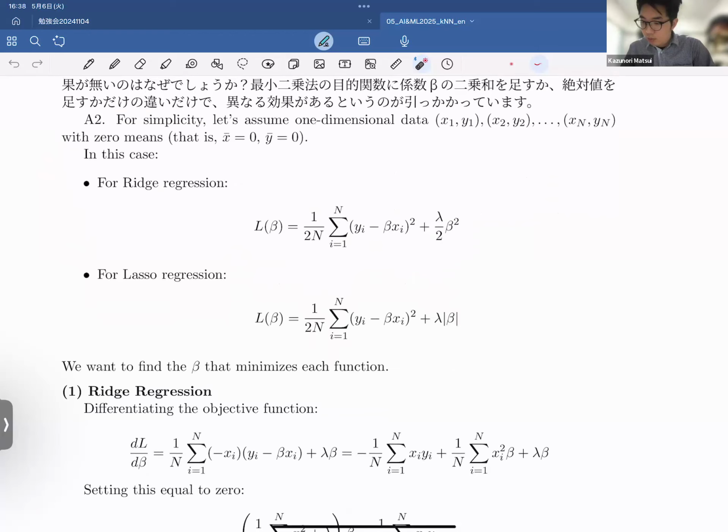Let's first consider a simplified case with one-dimensional data where the mean is zero. In other words, we are looking at the problem of approximating with a line through the origin, where the intercept is zero. For ridge regression, we add the sum of squares of the parameters to the objective function, while for lasso regression, we add the sum of absolute values.